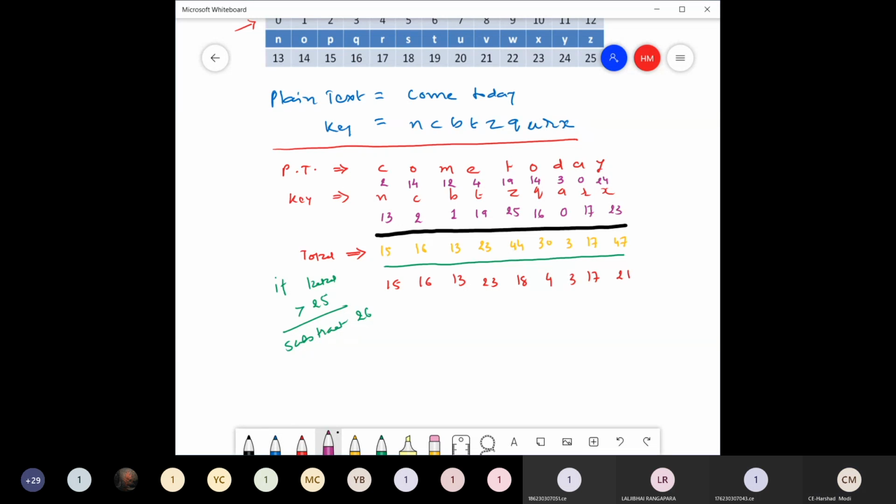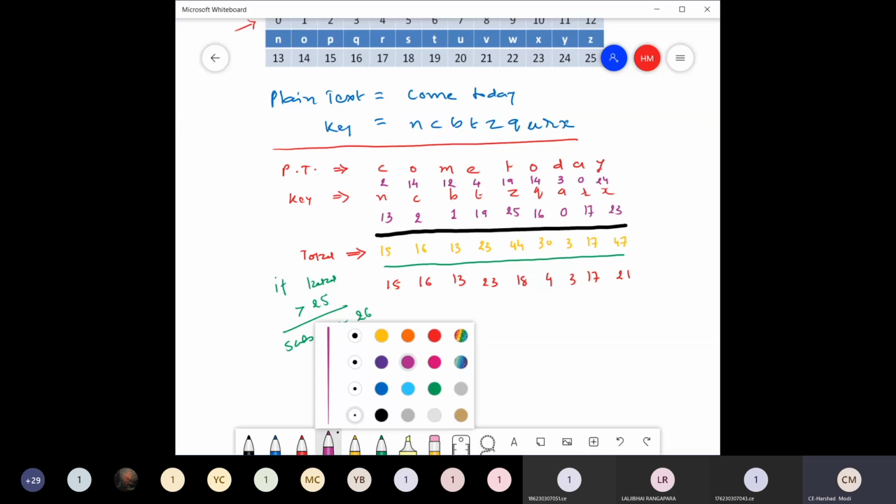Now, whatever we have got, we have to assign the alphabet related to that numeric value.